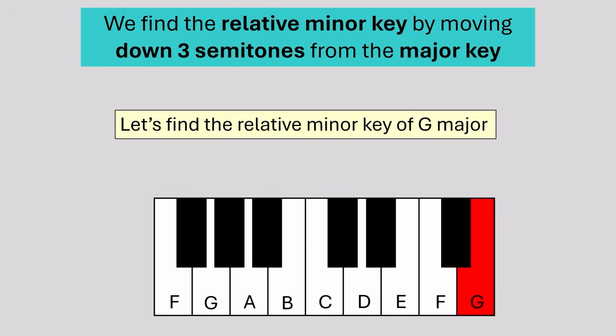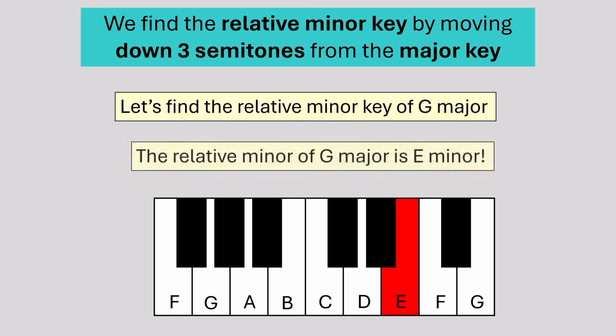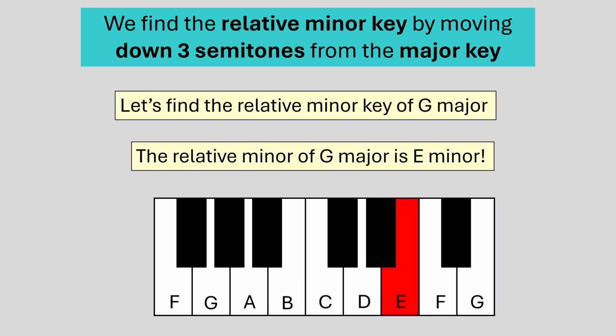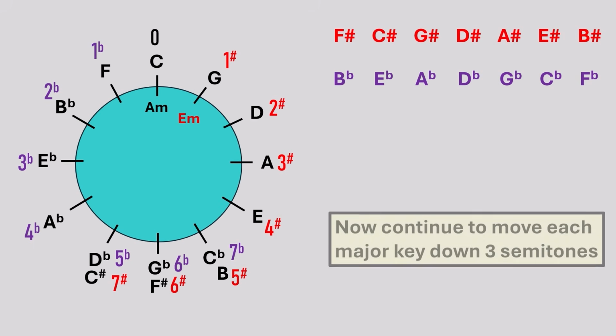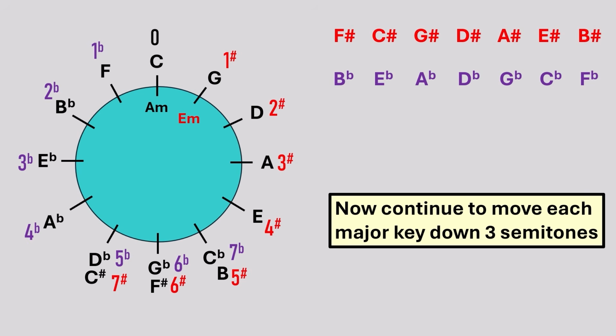Let's find the relative minor key of G major. The relative minor of G major is E minor. Now continue to move each major key down 3 semitones.